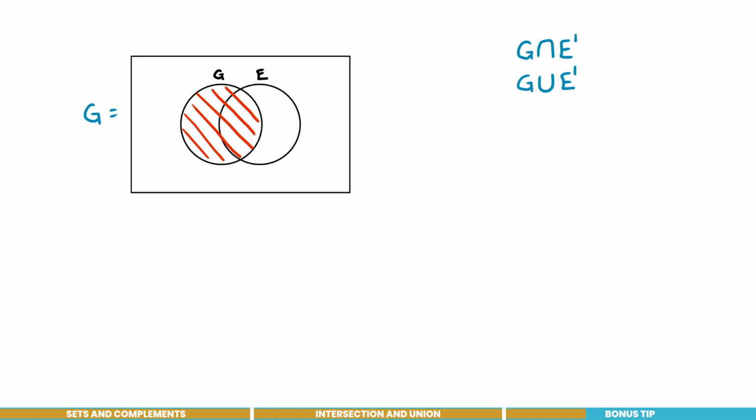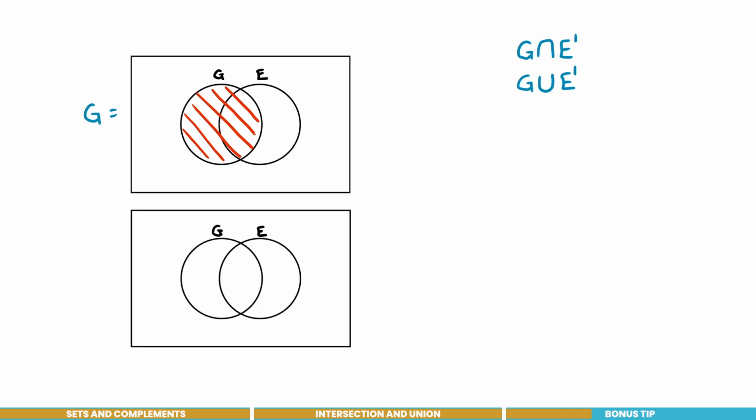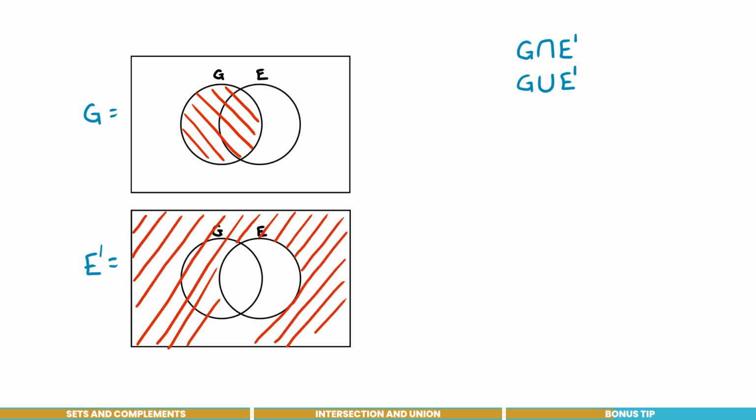Then do another sketch for the second set, which in this case is E stick, or not E, or the complement of E. Shade the area for this, but this time use lines that slope in the opposite direction.